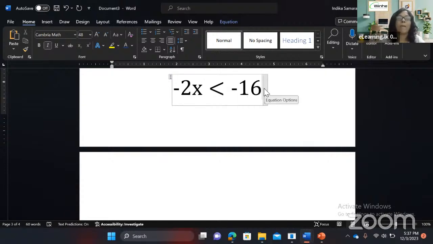Now we are going to find the solution, that means find the value for x, right?